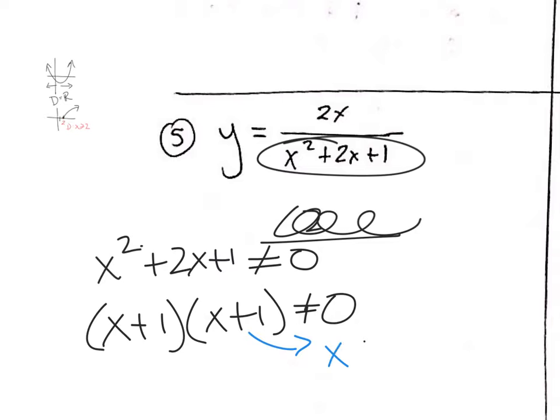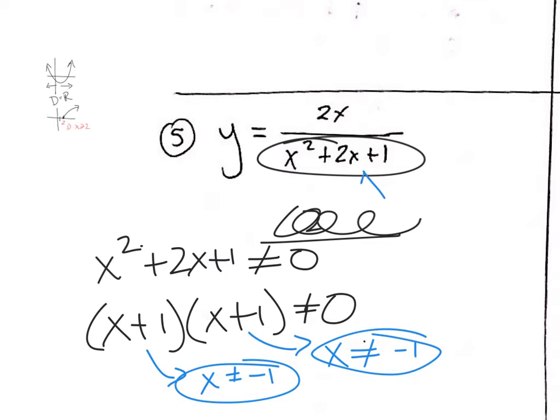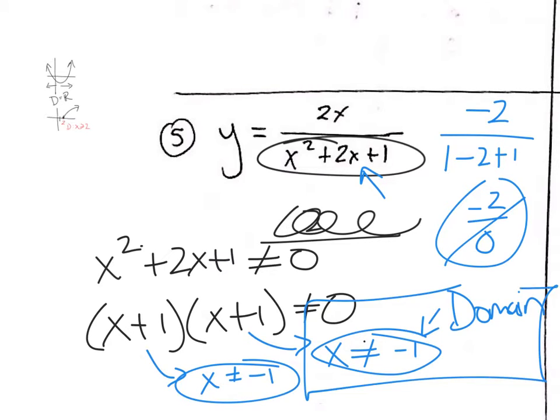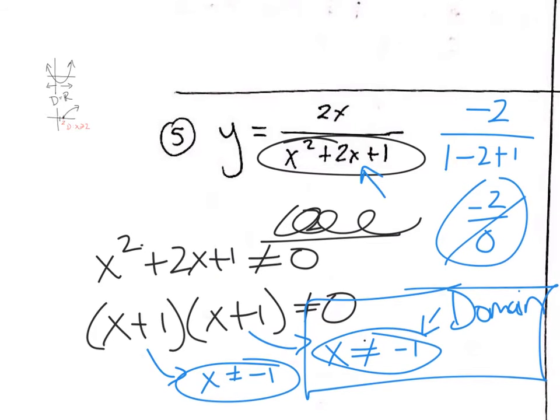So what that means is that x may not equal negative 1. And we get the same thing from the other factor. x may not equal negative 1. And so let's see, if we plug in a negative 1 here, we end up with 1 minus 2 plus 1, which would give us 0. And so that's no bueno. So this right here we can call the domain. So all values of x except negative 1 would be the domain.